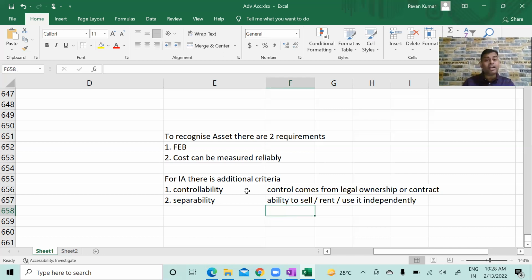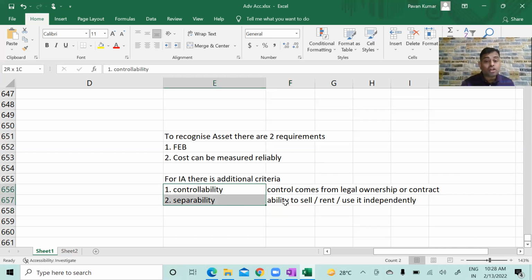Can I rent the operating system without the phone? Can I use it independent of the phone? No. So these two conditions have to be satisfied. Then only you can recognize an intangible asset. You understand it now? Yes, sir.